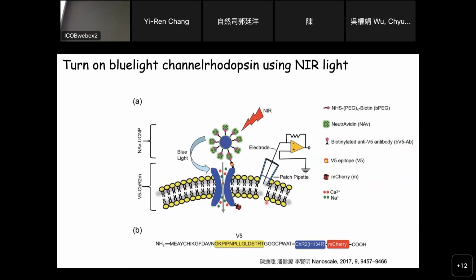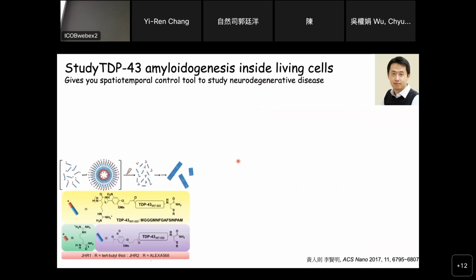We also tried to use this upconversion nanoparticle to conjugate to channelrhodopsin. So the channelrhodopsin that can see the blue light can now be activated by near-IR light also.